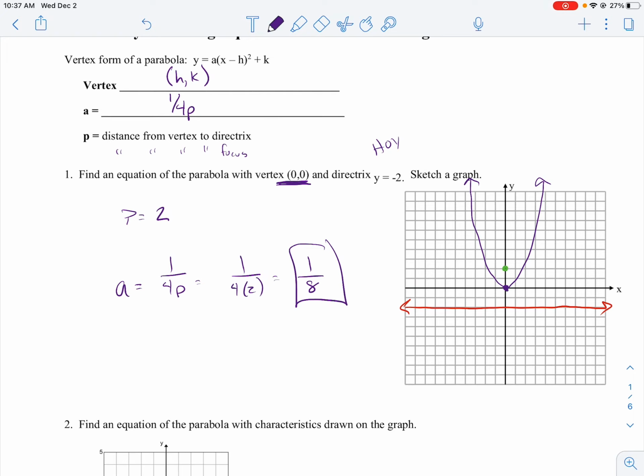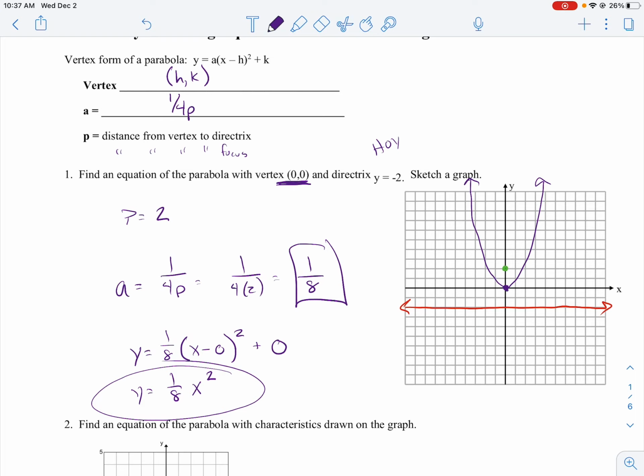We already have our vertex, and so we just plug everything in. y is equal to 1/8 (x minus 0) squared plus 0. And then we can certainly shorten that up. And so we would have 1/8 x squared. And that is the equation of this parabola.